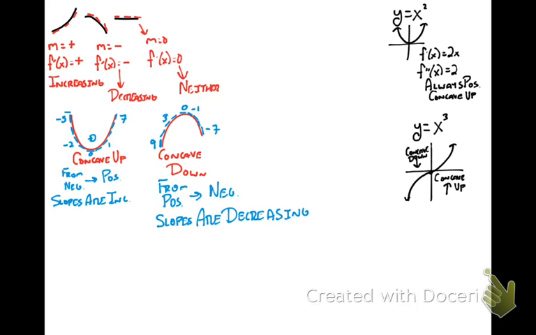And let's relate that to the derivative. So the first derivative of x cubed is 3x squared. And notice that that would always be positive for any x value, which means the graph is always increasing. The second derivative of our function is 6x. Notice that our second derivative equals 0 when x is 0. And when x is negative, our second derivative is negative.